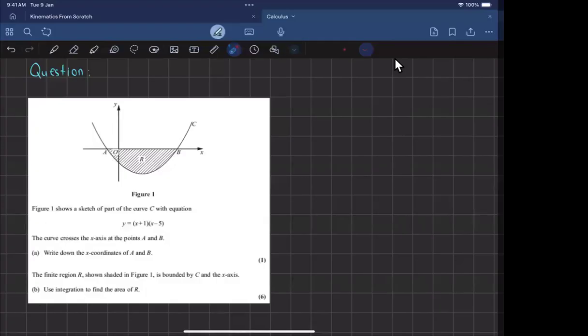Aliyah, I'm saying we're talking about the x-intercepts, the roots, the zero crossing, right? So what would the y value be? 0. Right. You just said it was equal to zero, x plus one is equal to zero.